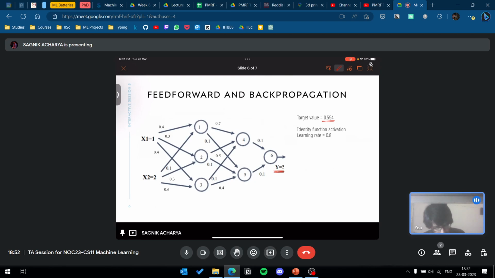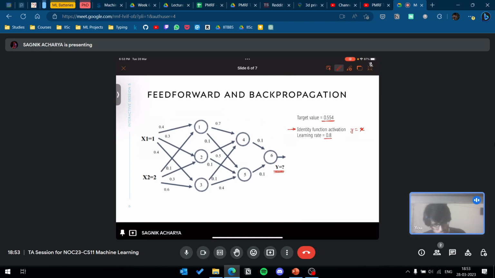We have also been given that it has identity function activation, so once we get some output value for this neuron, the value is the neuron output, since the activation is equal to x. So the activation basically is y equal to x, right? So identity function, right?